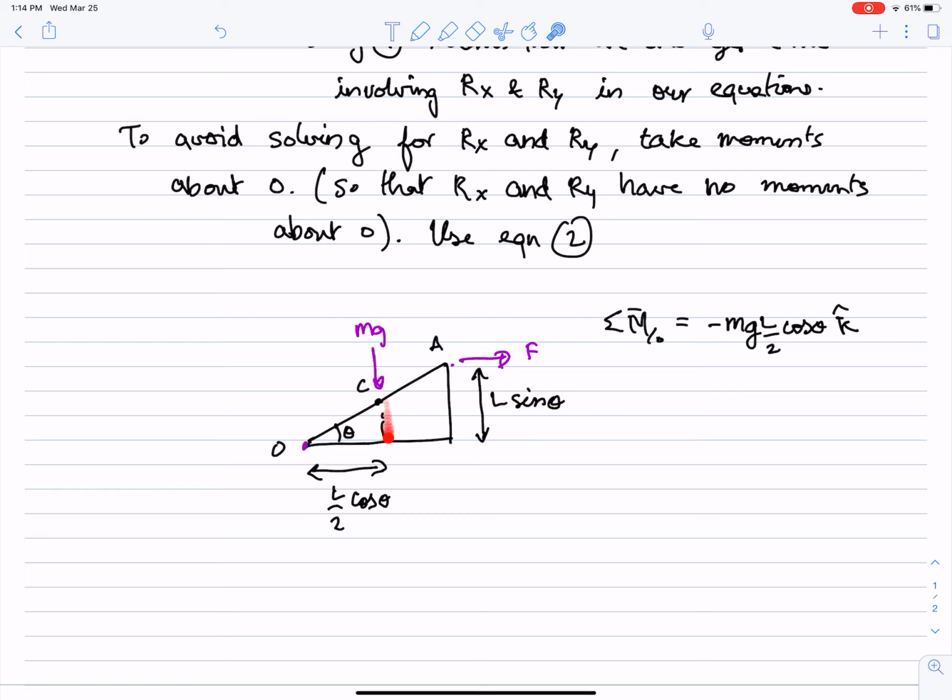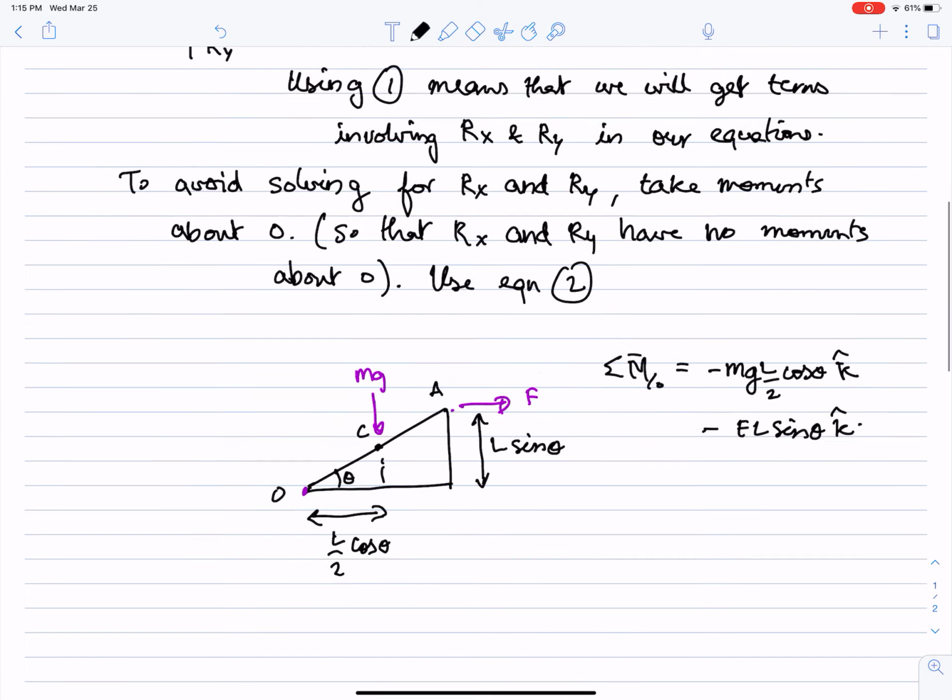So in this case, it's mg times L cosine theta, the perpendicular distance between the force and the point, and that's that. And for this force, it's going to be force times the perpendicular distance to the point, which is going to be L sine theta. But it's again a clockwise moment, so it's going to be minus F L sine theta k. So that's the left-hand side of this equation.